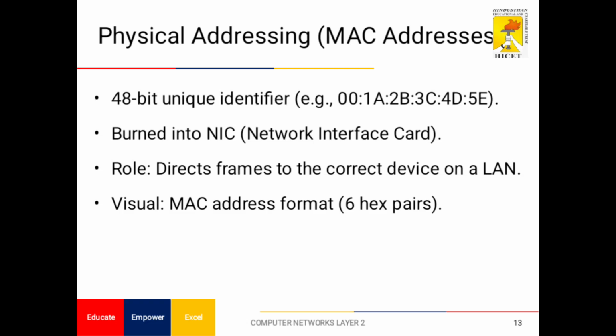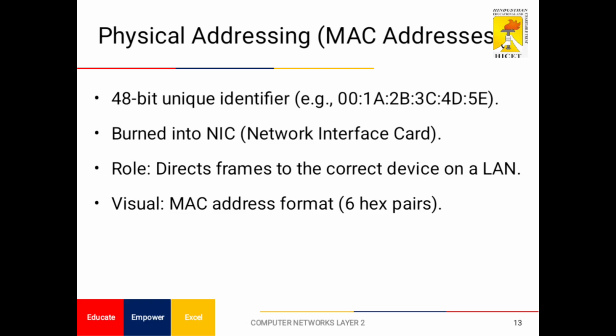Physical addressing is also called MAC addressing. I have already said a MAC address is a 48-bit unique identifier in hexadecimal representation. The first three octets, each of 00, 1A, 2B, is called an octet, and they define the unique number of the manufacturer. The next three identify the device.